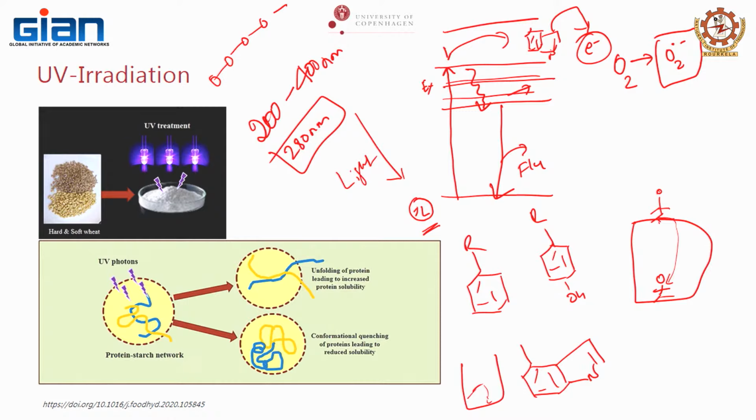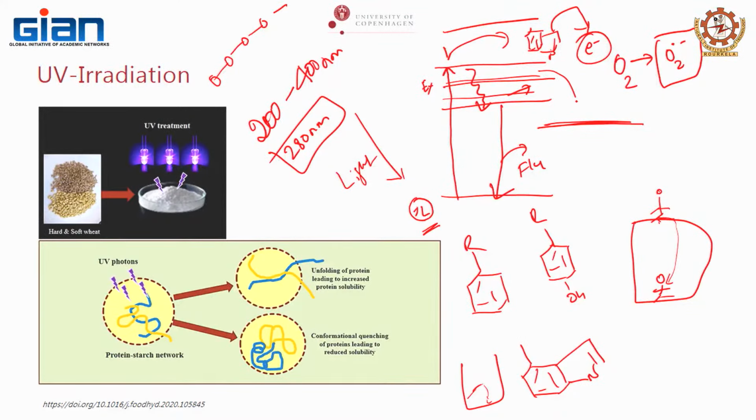The second possibility, again coming back to the terrace. You went to the terrace, you should have come back, you did not come back. While coming back, you will not jump to your own terrace, you will jump to another home's terrace. You are becoming a monkey now, right. So electrons also have overlapping orbitals or shells here. Instead of coming to the ground state, they jump to the other orbital by changing their spin.